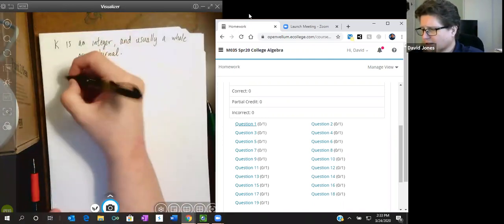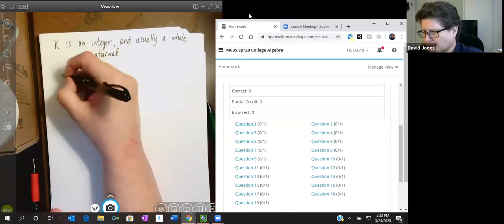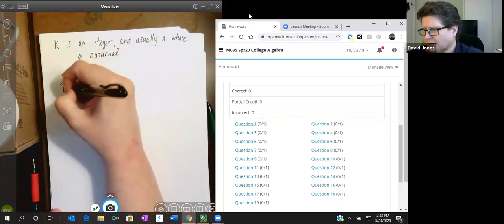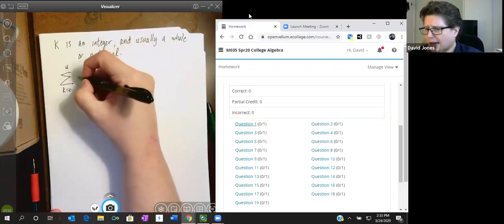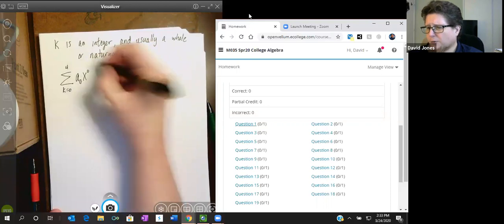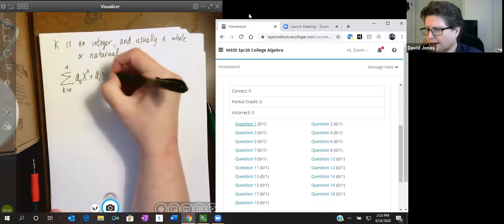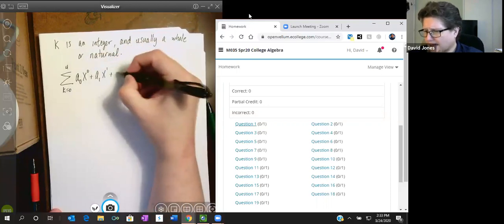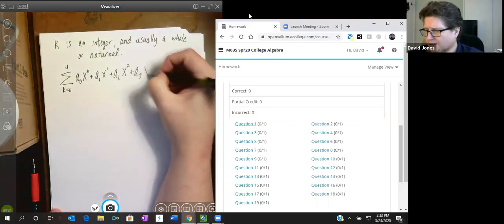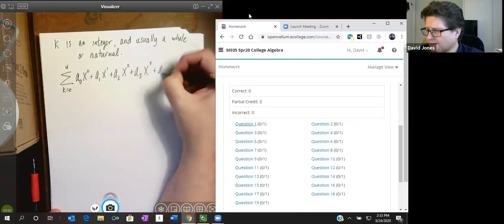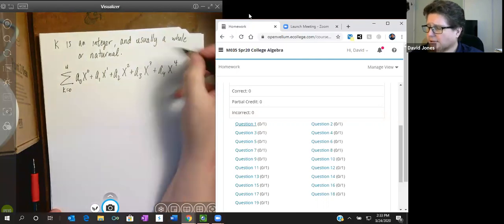So if I have something like k equals 0 to 4, I'm saying a sub 0 x to the 0 plus a sub 1 x to the 1 plus a sub 2 x squared plus a sub 3 x cubed plus a sub 4 x to the 4th.